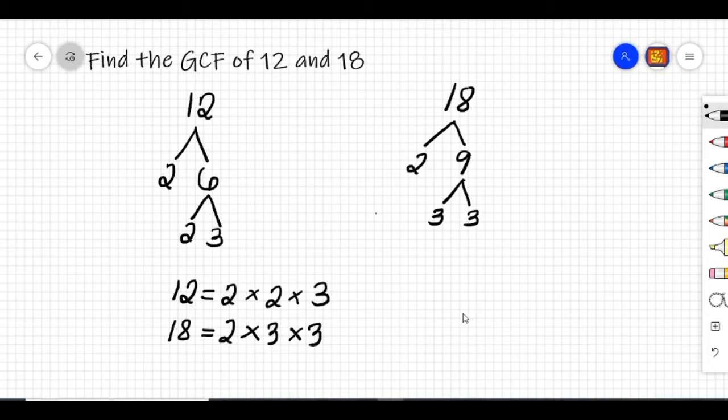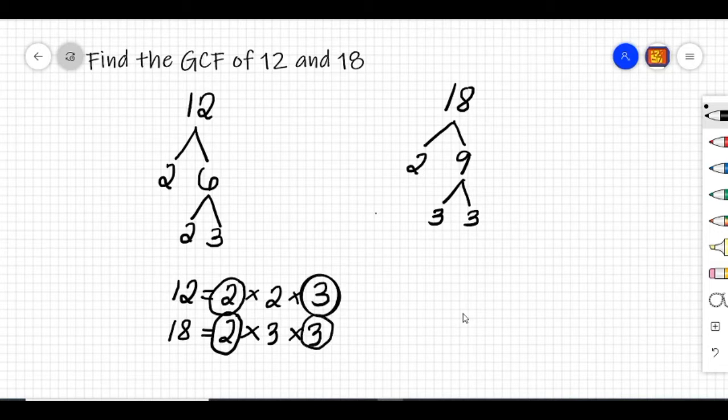Next, we're going to multiply factors both numbers have in common. So the common factors here of the two numbers are 2, and then also 3.